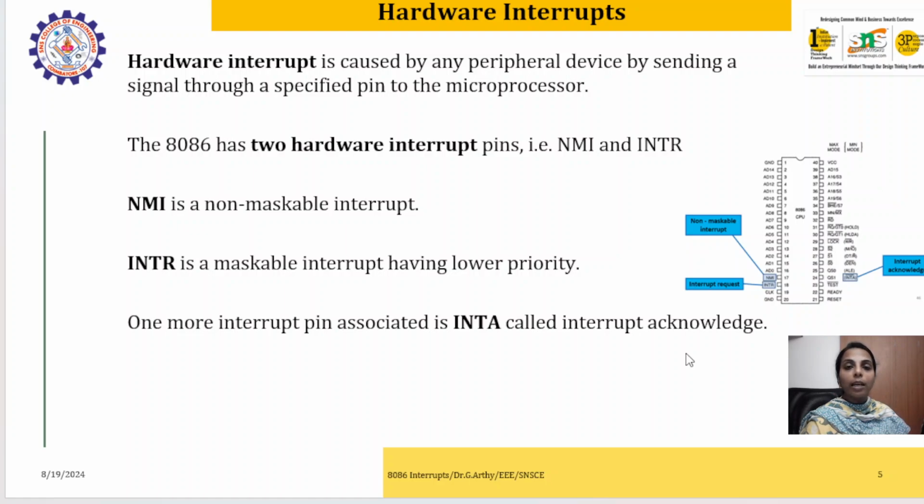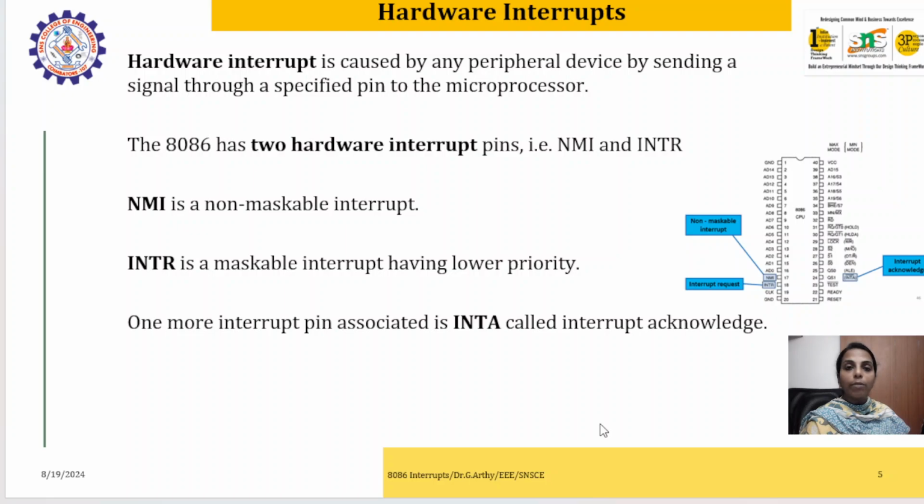So see, it is related to the pins, the hardware structure of 8086, and so these interrupts are known as hardware interrupts. The hardware interrupt can be a non-maskable interrupt or it can be INTR, that is, the interrupt request, the normal interrupt request. Non-maskable interrupts are ones which we cannot mask, right?